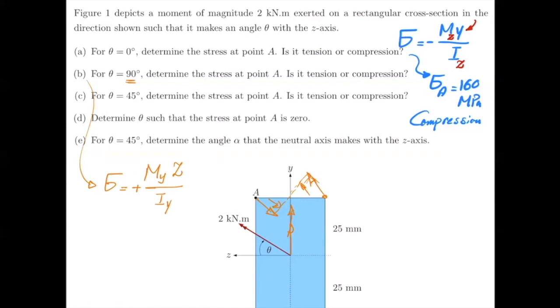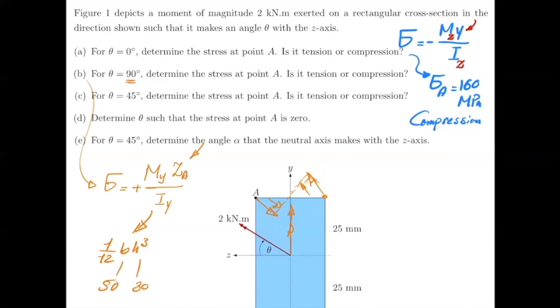So if you do that now, like before, Iy would be 1 over 12 bh cubed. But remember, now we are looking from a different direction. So now b is 50 millimeters and h is 30 millimeters. And the distance z for point A is the maximum distance in the z direction.